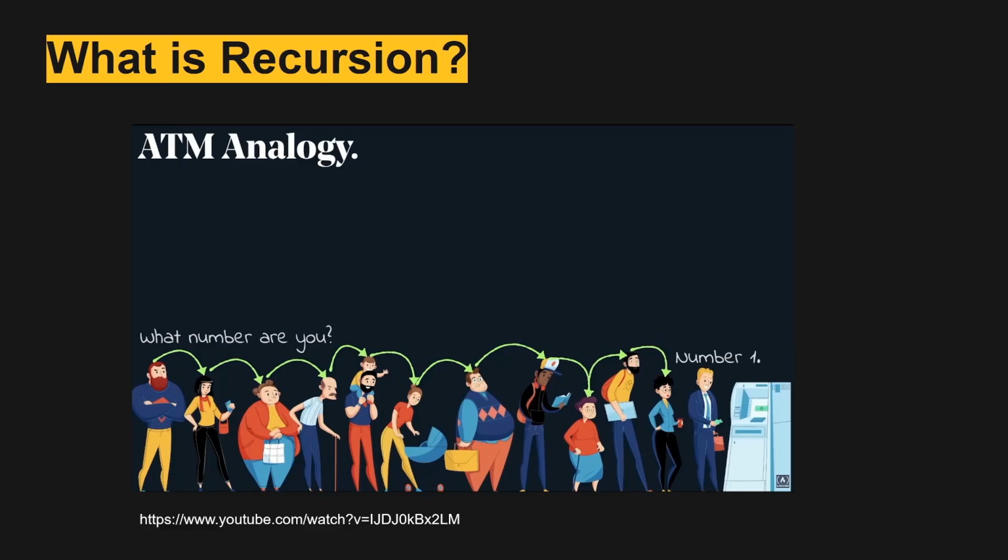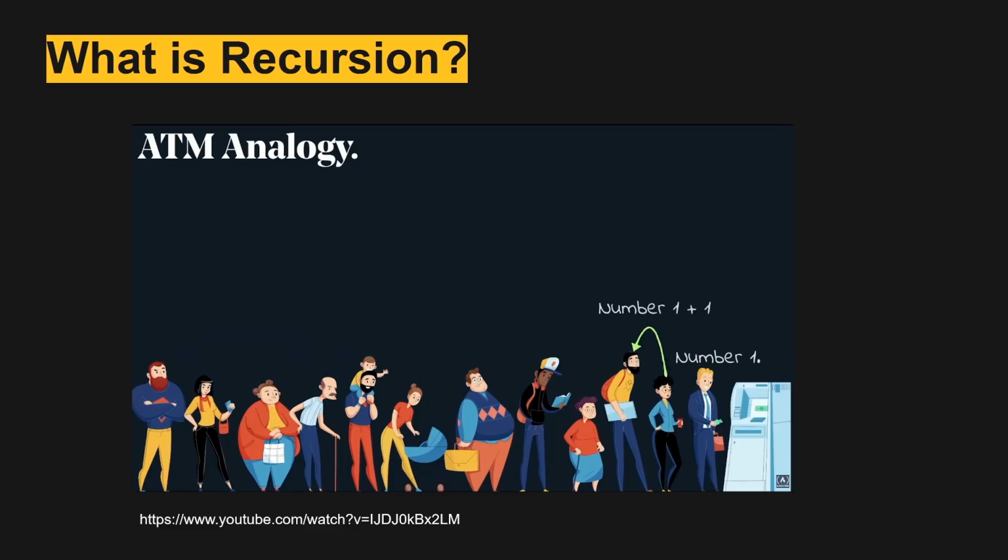And then it would return back and each person would add 1 to that. Now the person behind would know that they're 2 and the person behind that 3 and so on until it carries all the way back to you. And this is the basic idea of how recursion works and what we'll be leveraging in this class.